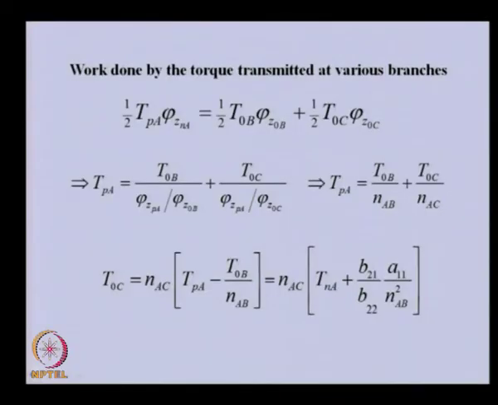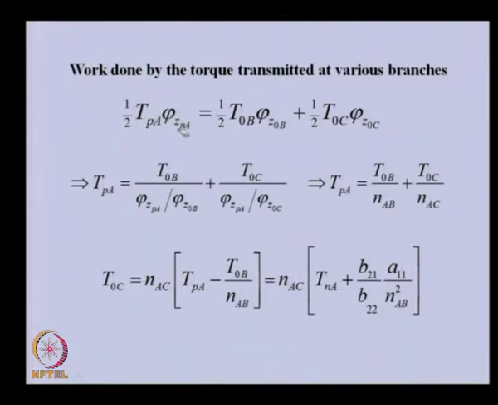Whatever work is done at shaft A will be equal to the work done at shafts B and C. Once we satisfy this, we will get the frequency equation from our formulation.